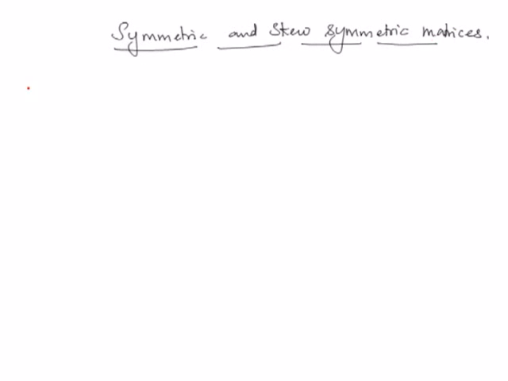Let us understand about symmetric and skew symmetric matrices. If A is a square matrix, then we say that A is a symmetric matrix if A is equal to A transpose.